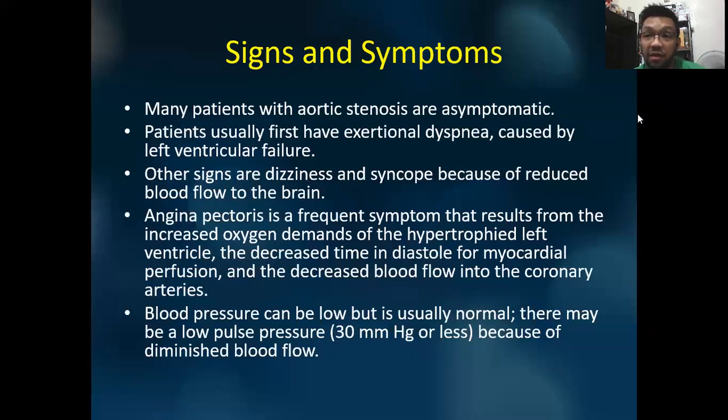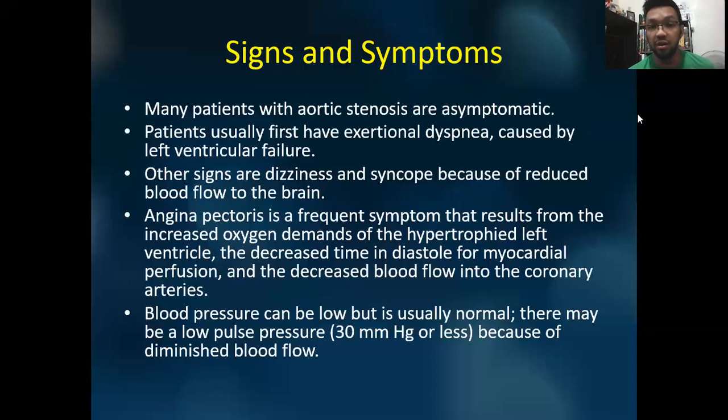Why? Because of that narrowed orifice in the aortic valve. So how is the blood going to pass through it and deliver oxygen through the coronary arteries if that is blocked or narrowed? So the patient is going to feel chest pain.